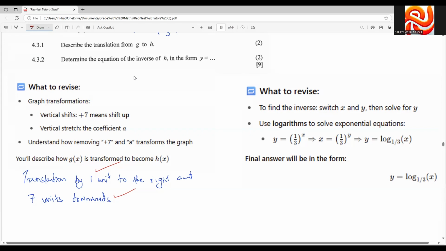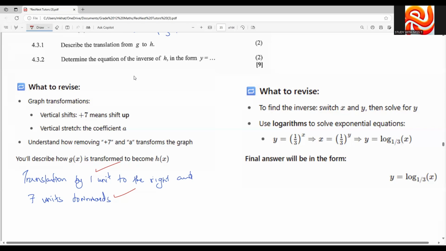So then the final answer will be as a log: y is equal to log of x, base 1 over 3.